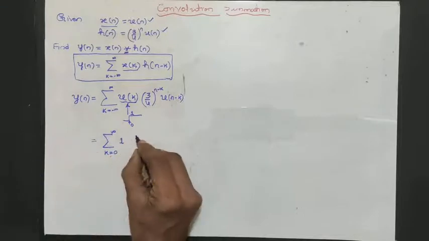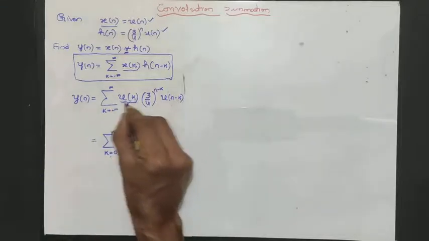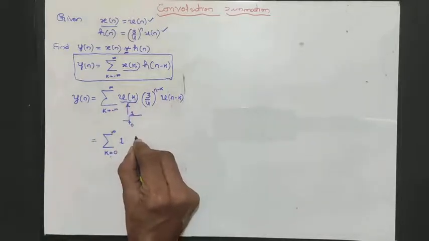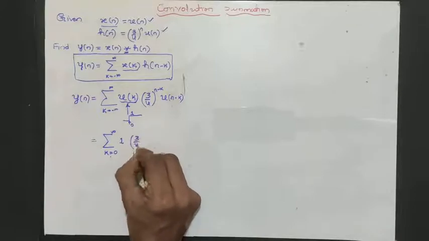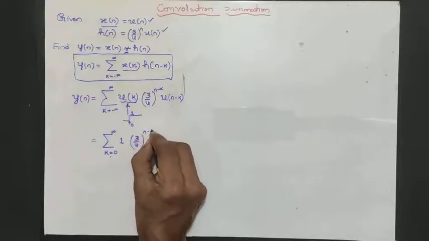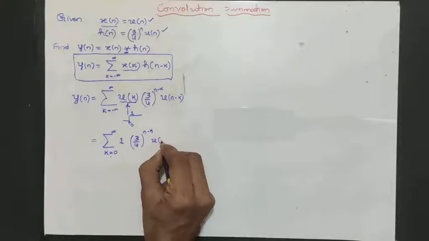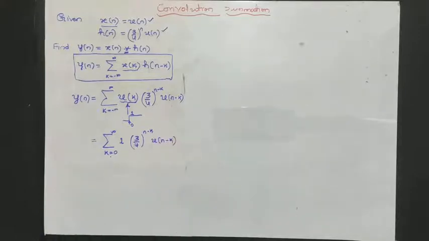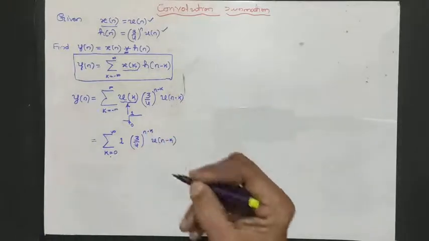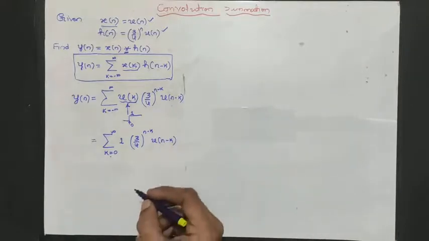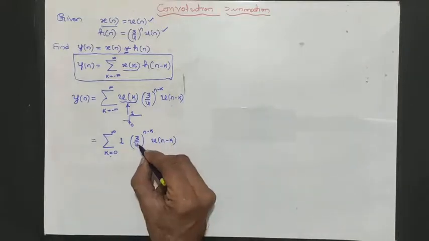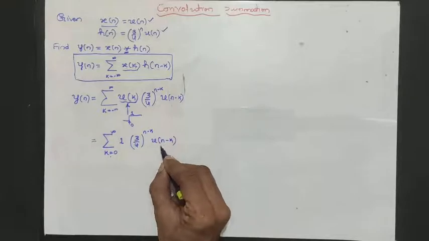These two changes I did from the first write-up I made. Next, (3/4)^(n minus k), u of n minus k. I am writing each step. Later, once you understand these concepts, you can skip everything and go further.